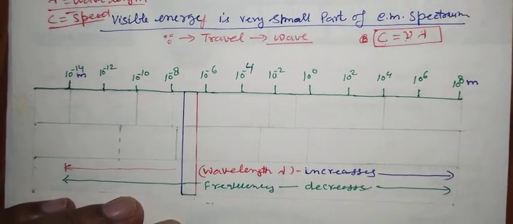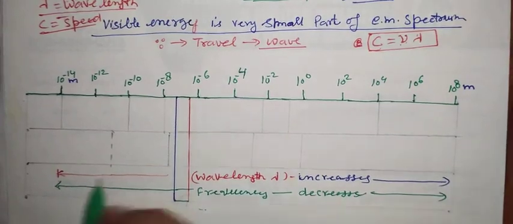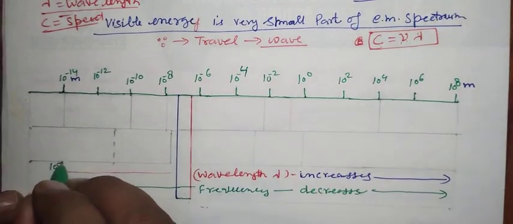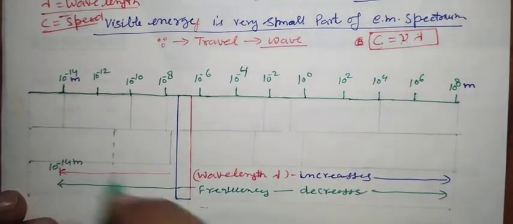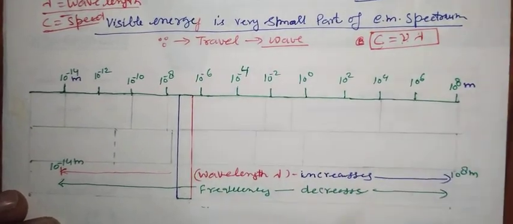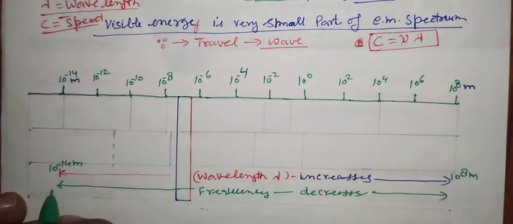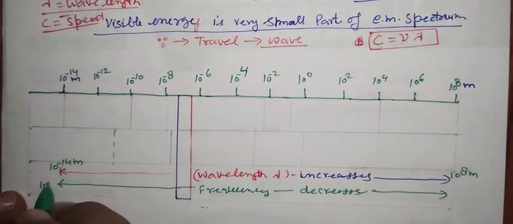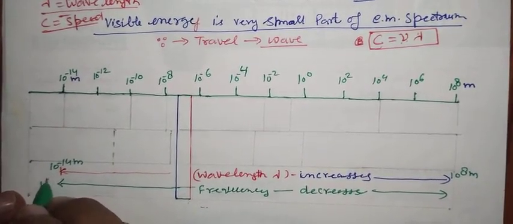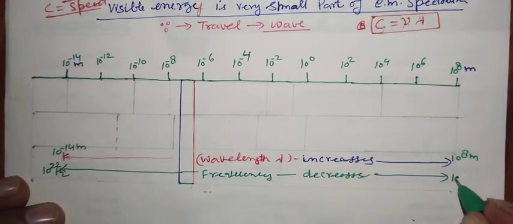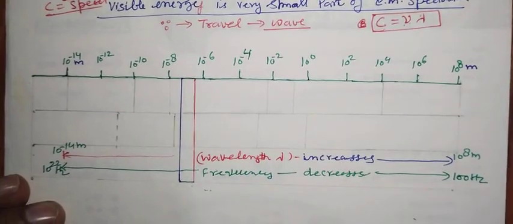Moving from left to right, if we see the complete wavelength range, on the left it is minimum, 10 to the power minus 14 meter up to 10 to the power 8 meter. And if we talk about frequency, it is from 10 to the power 22 hertz to 100 hertz.